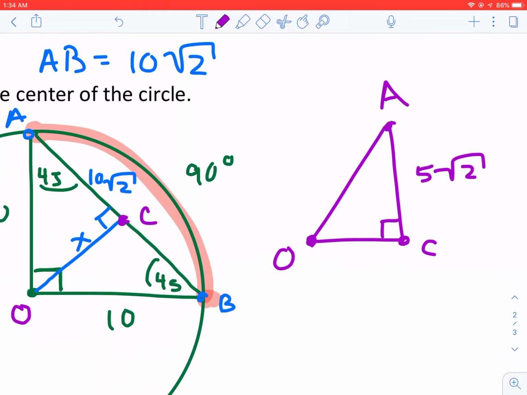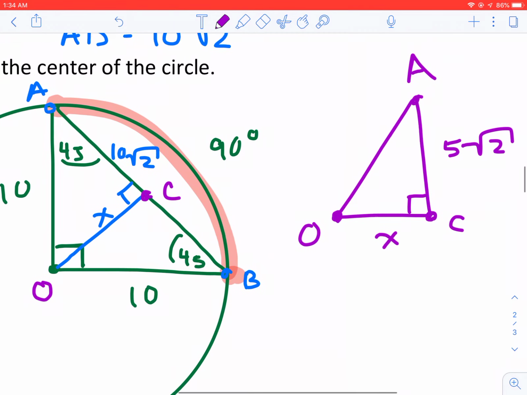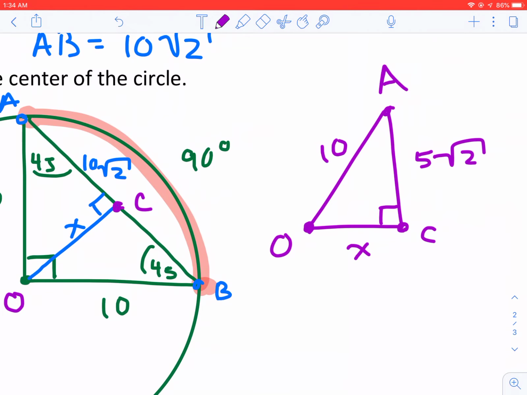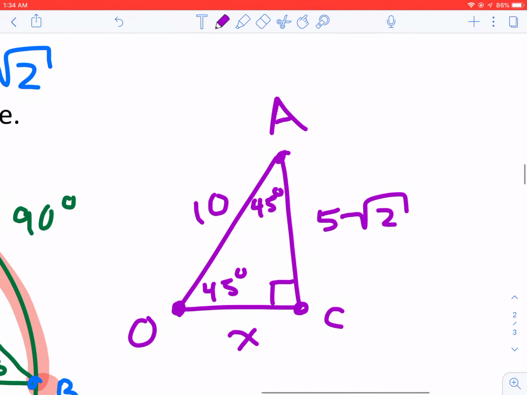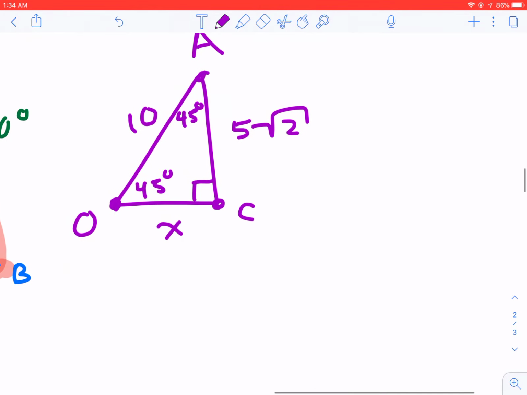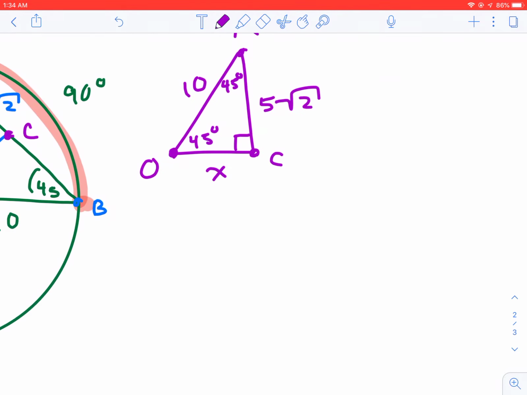These were both 45-degree angles, and we're looking for the length of OC with a hypotenuse of 10. There are so many ways you can solve for x here: right triangle trig, law of sines, law of cosines, though I don't know why you would do that. But I'm just going to use Pythagorean theorem again.